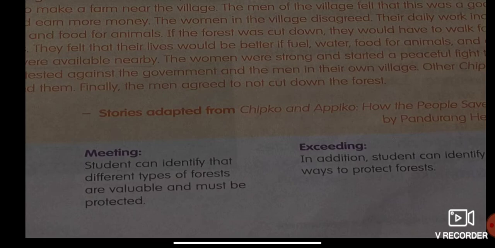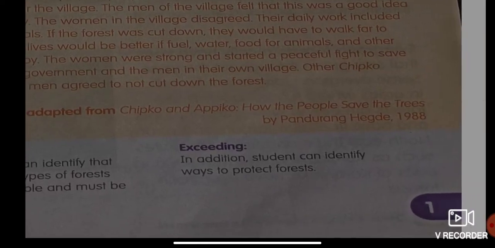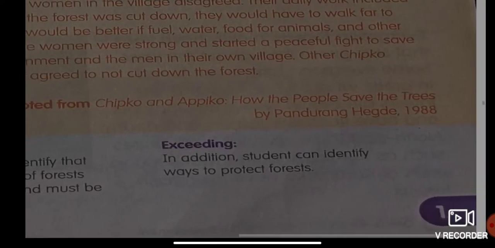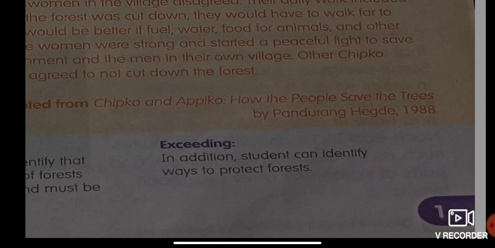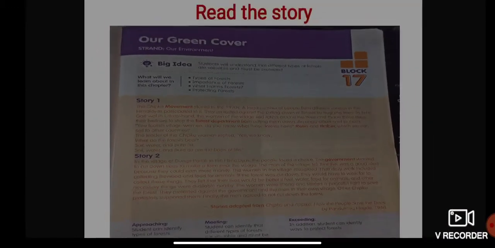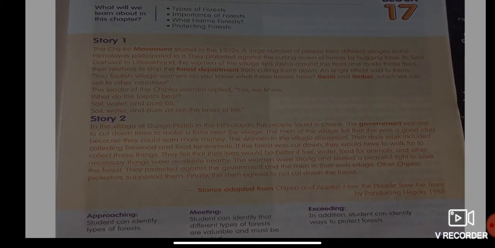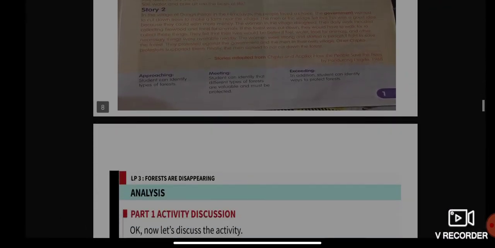This story is adapted from Chipko and Apiko, that is how the people saved the trees, by Pandurang H., in the year 1988. If you cannot follow the reading, you can read for yourself from your textbook.